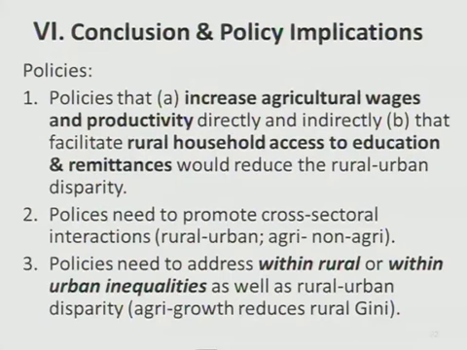Policies also need to promote cross-sectoral interactions between rural, urban, agricultural and non-agricultural sectors, and address within-rural and within-urban inequality as well as rural-urban disparity. We have found agricultural growth reduces the rural Gini. Thank you.